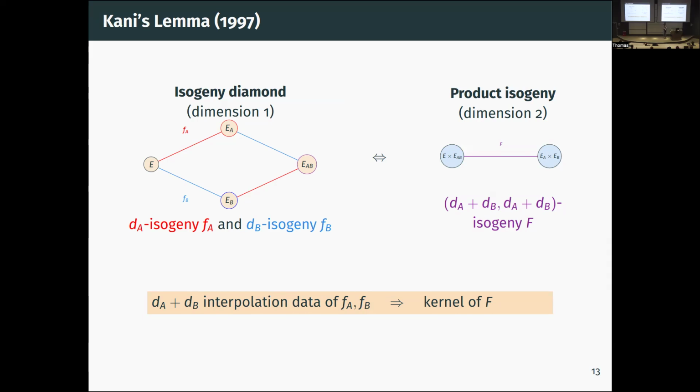And what's very important is that we can compute this product isogeny in dimension 2 directly if we are given some interpolation data on the isogenies in dimension 1. And here with interpolation data, I mean the images of points from the first two isogenies on their codomains.